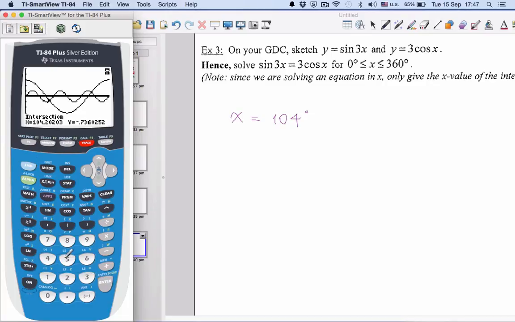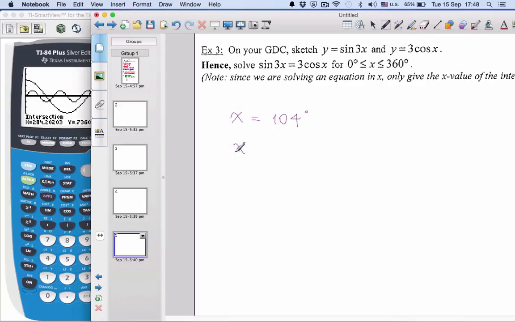Second trace 5. Enter, enter, and oof, that's gonna take forever. You can type in about 300 because I think this is close to 300. But I'm gonna just move all the way over here and get close to this one, and then press enter. And 284, right? And then x is 284 degrees. Cool.